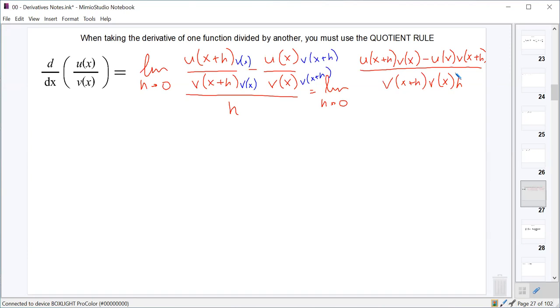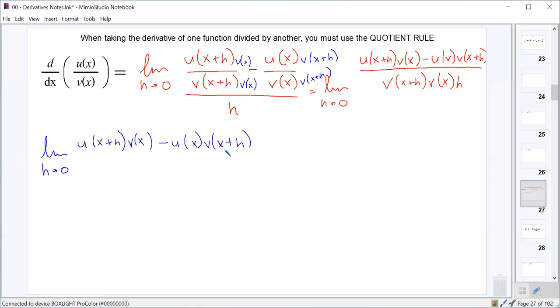So now that we've got a simplified version of our limit here, we're going to do something similar to what we did with the product rule, which was we're just going to add in a couple of terms into the numerator of this. And it's a little different than what we did last time. So we've got u of x plus h and v of x, and we've got minus u of x and v of x plus h.